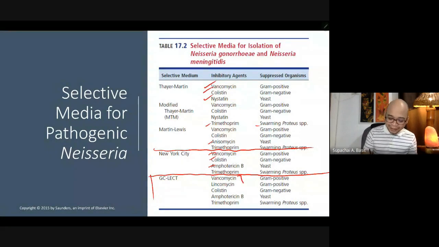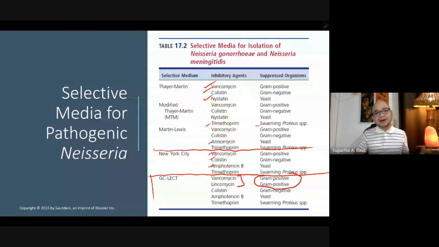Now you have two antibiotics for gram-positive bacteria in GC-LECT medium. Colistin prevents the growth of gram-negative, amphotericin B prevents the growth of yeast, and trimethoprim prevents the swarming of Proteus. Okay, so I want you to study the different culture media that we can utilize for the isolation of Neisseria.